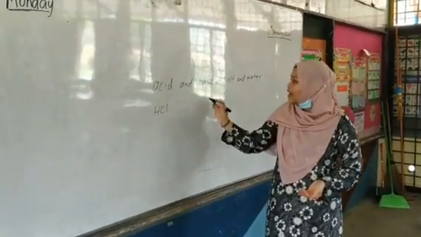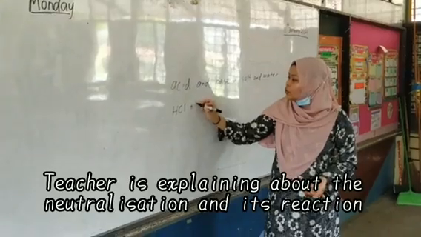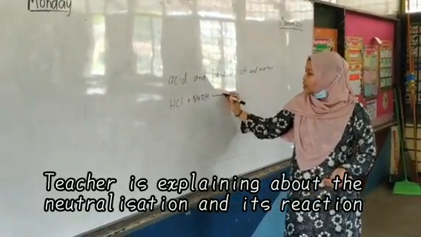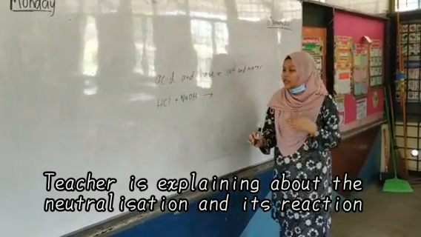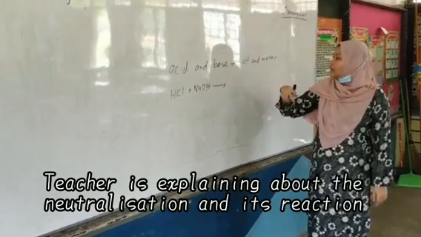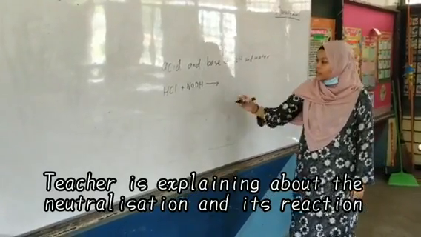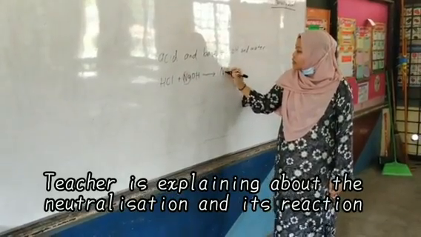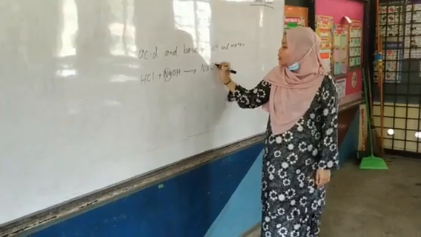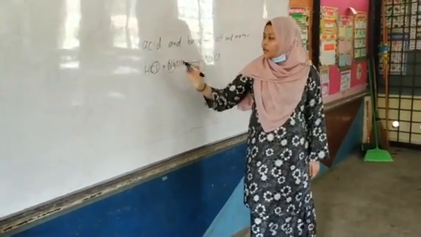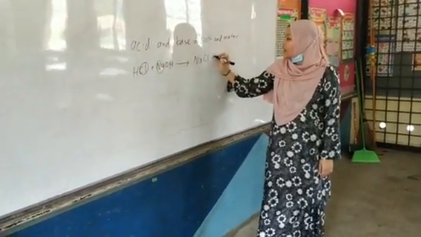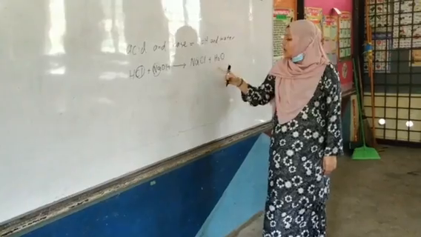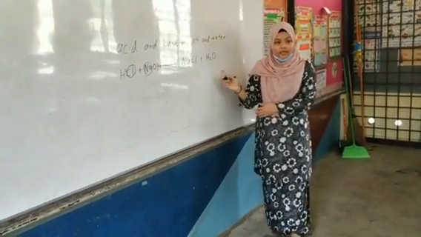Acid, and for the base, we use sodium hydroxide. The reaction between the two will be salt and water. Sodium and chloride will mix together, and at the end will produce H2O, which is water.